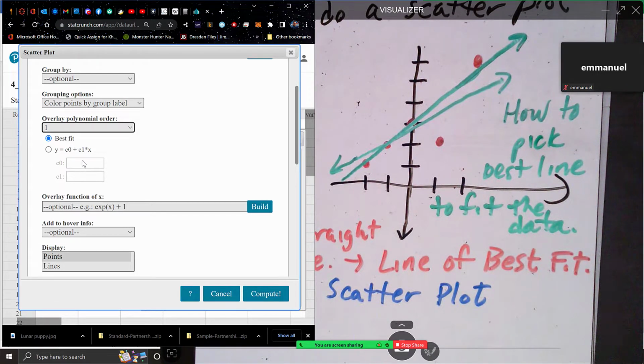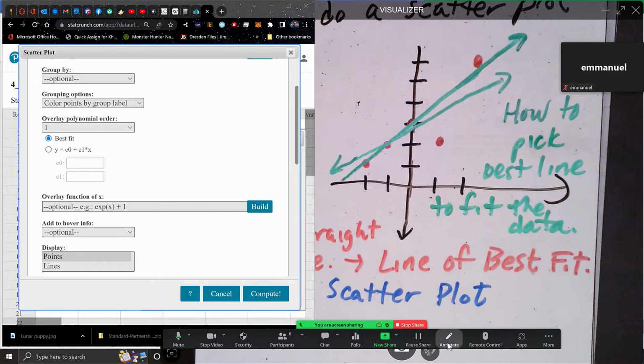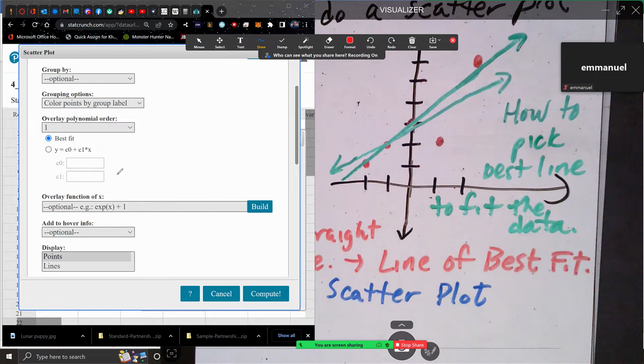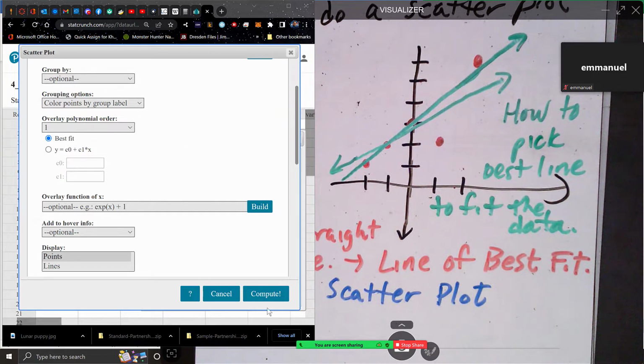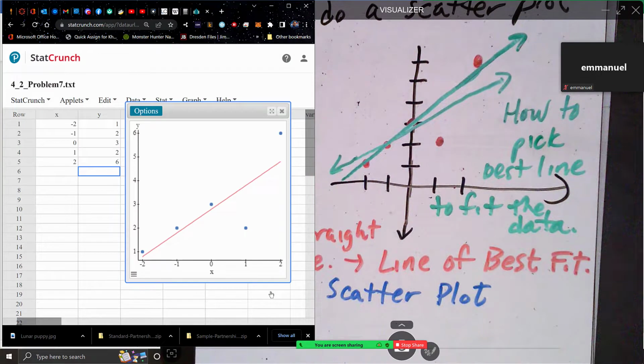Or I can type in values myself. Notice they've got it written this way: that looks like the M for MX, and that looks like the B. So if I wanted to put values in, I could. I'm not going to do that. I'm just going to say, let's use the best fit and see what happens.